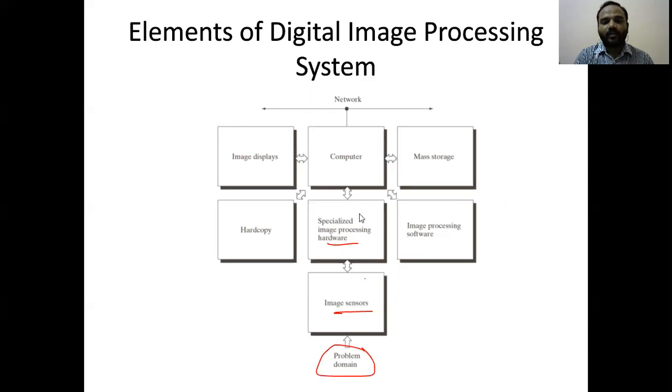After getting the output from this specialized hardware, the data will be sent to a computer, from where you can have a display, a mass storage, or a hard copy, or you can use another image processing software to get more insights into that problem domain.